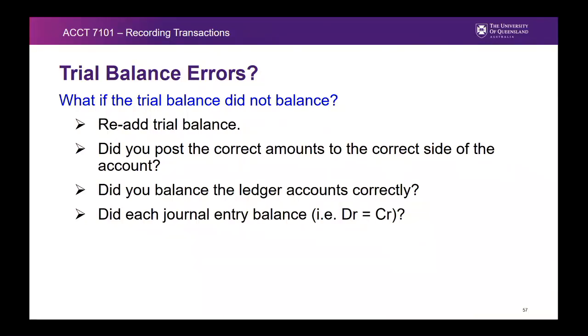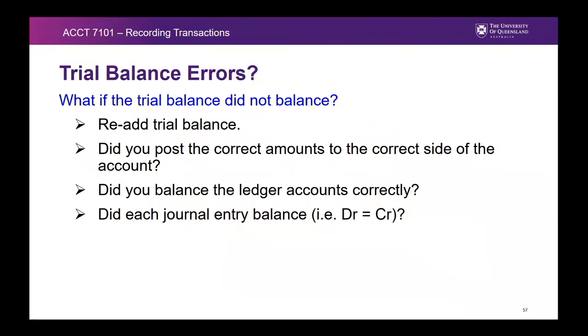Then the other thing to check is, did you post the correct amounts to the correct side of the account? Did my debits from the journal entry always go on the left side of the account, and did my credits always go on the right side? So check those. Check if you actually posted on the same side. That's another thing to do.